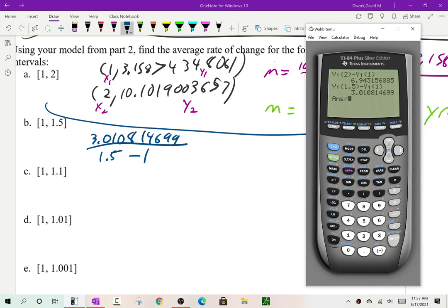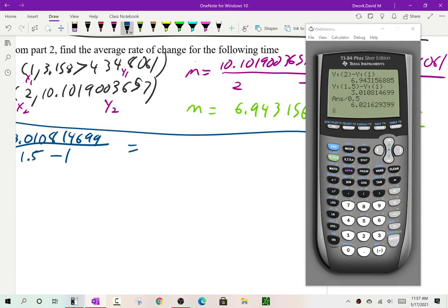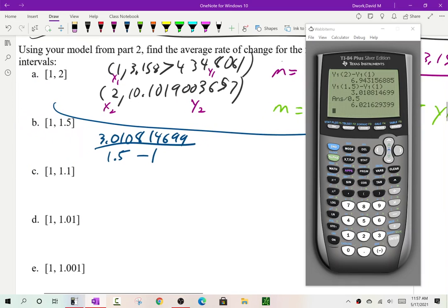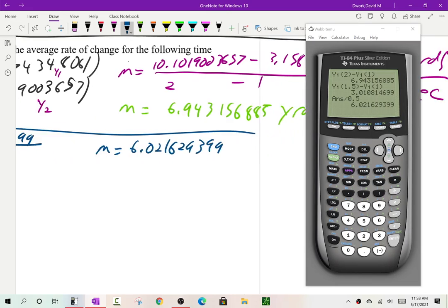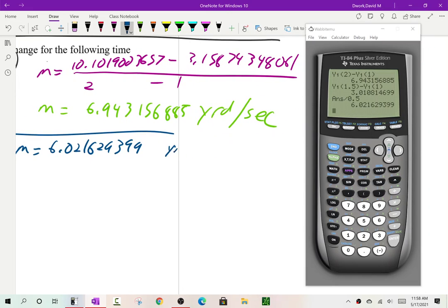What's 1.5 take away 1? Well, that's 0.5. That's going to result in a slope of 6.021629399. Units are still the same, yards per second.